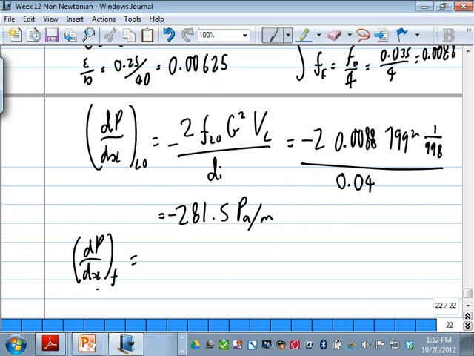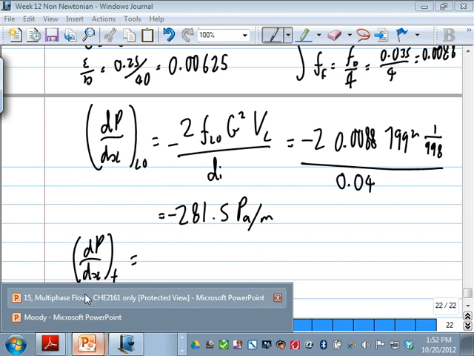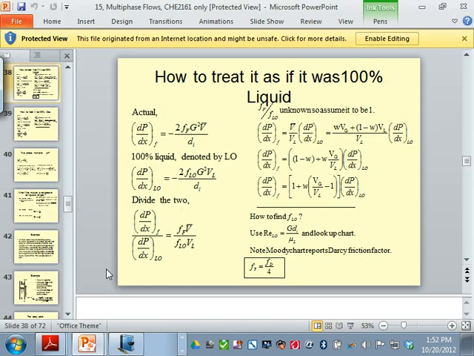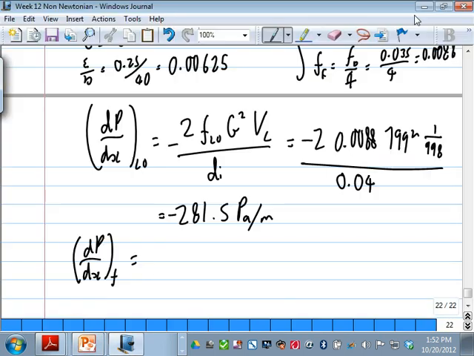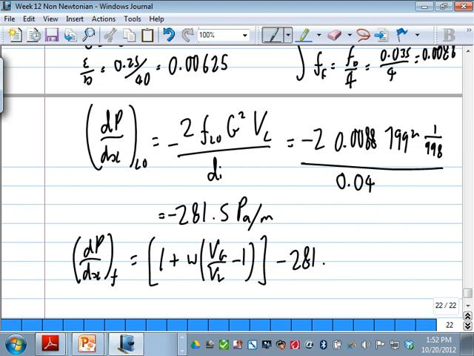Alright, dP/dx F is equal to, what's the correction factor? 1 plus W (v_g over v_L minus 1), minus 281.5.